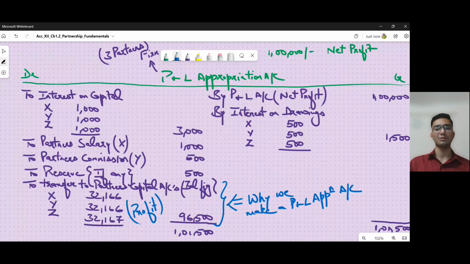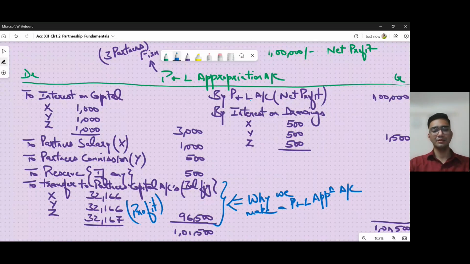This is the main reason, to know how much profit is going to the partners' capital account. All these other items which are mentioned on top, we have to remember them as they are mentioned in this figure, what is displayed on your screen, in the same order, if it can be remembered, because it will be easy to solve questions in that way.